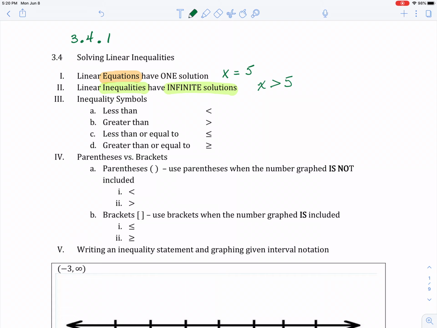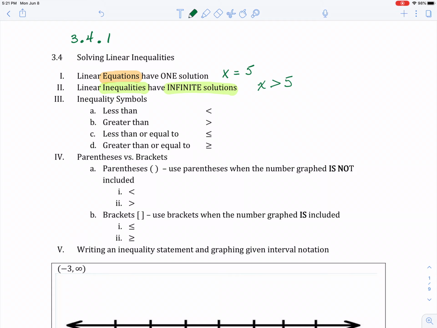So here are symbols that we're going to be working with. We've got less than, greater than, less than or equal to, greater than or equal to. And the way we're going to symbolize these on a number line is going to involve parentheses and brackets. So when the number is not included in the graph, we will be using parentheses.